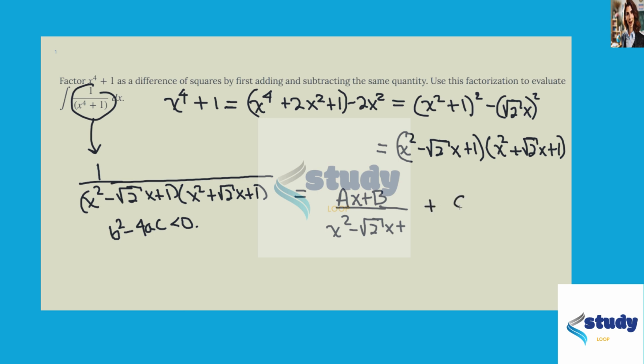And then cx plus d over x squared plus root 2x plus 1. We have an x there, plus 1. Got a little sloppy over here, sorry about that. Should be x.